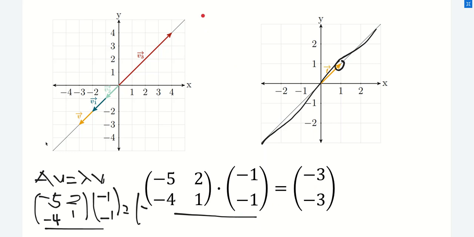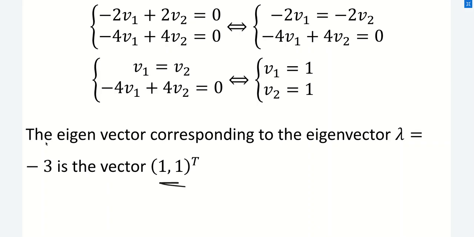Because this expression is supposed to give us this. A will multiply the vector, then we have the -3, which is also going to multiply the same vector again. So here we can factor. It's 3, 3, and here is supposed to be 1, 1. I made a mistake. It's not supposed to be negative.